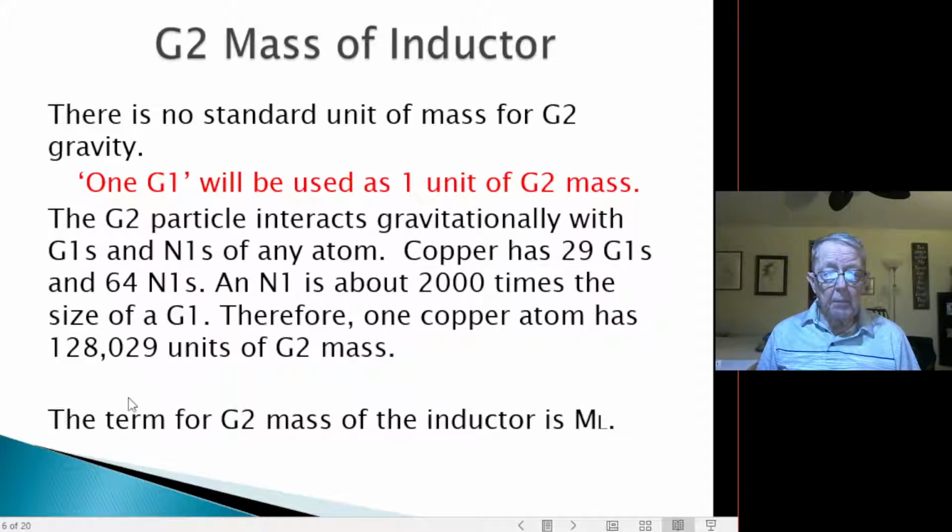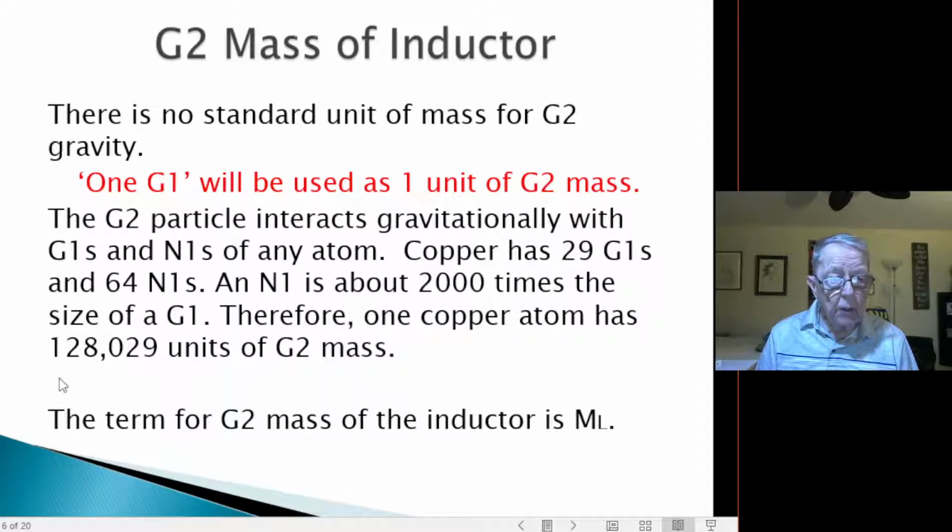As an example of what the unit mass of a copper atom is, copper has 29 G1s in orbit and 64 N1s in the nucleus. An N1 is about 2,000 times the size of a G1. Therefore, 64 times 2,000 is 128,000, plus the 29.